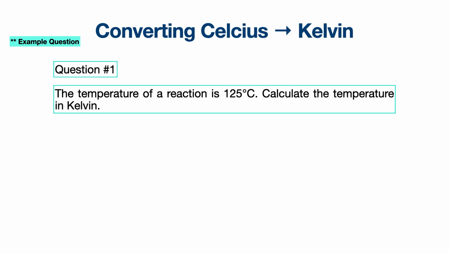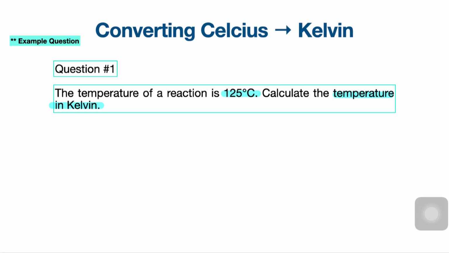Question 1. The temperature of a reaction is 125 degrees Celsius. Calculate the temperature in Kelvin. We know that the temperature of the reaction in degrees Celsius is 125. From the previous slide, we know that the temperature in Kelvin is equal to the temperature in Celsius plus 273.15.